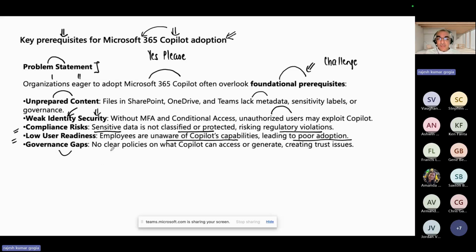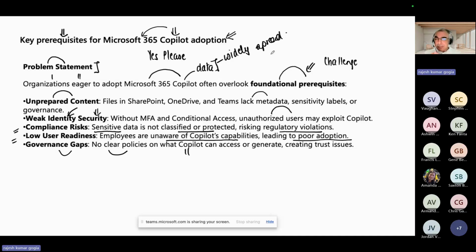Why? Because you don't have any clear policies on what Copilot can access. Copilot needs access to the data, and you know that this data is widely spread, isn't it? When I say widely spread, you've got SharePoint, Teams, Microsoft Exchange, OneDrive, Yammer, groups, chats, and channels in Teams.